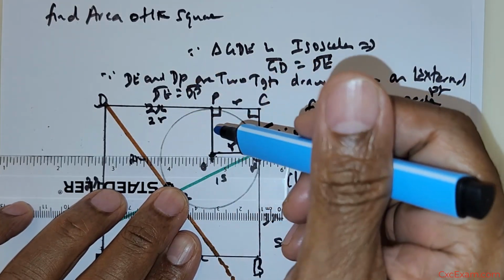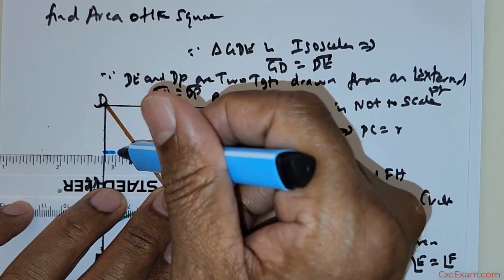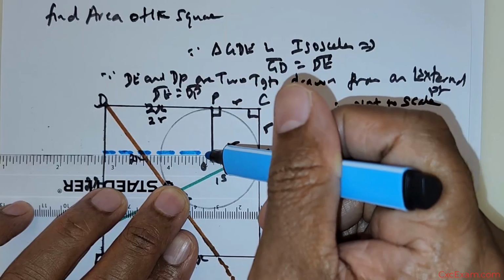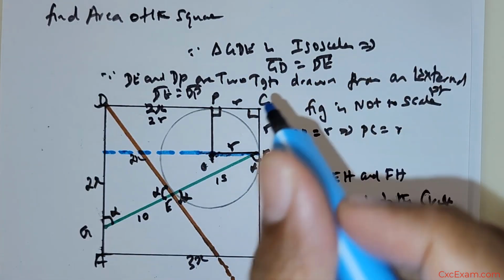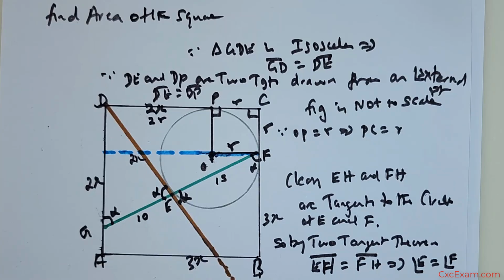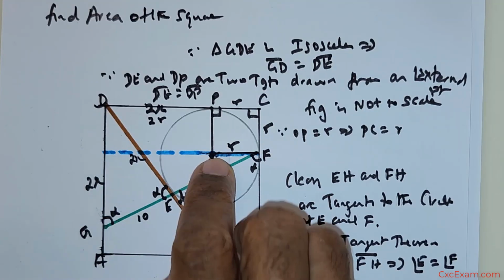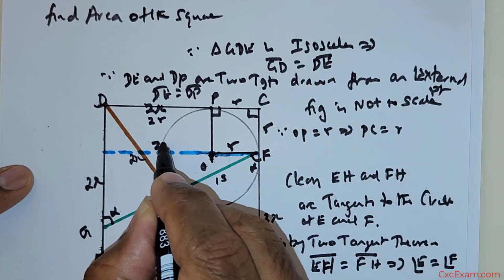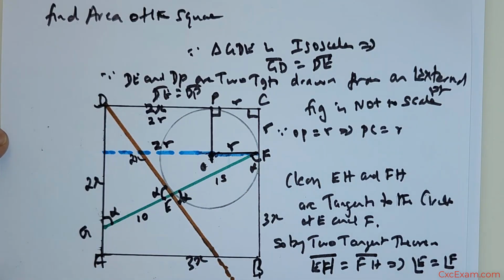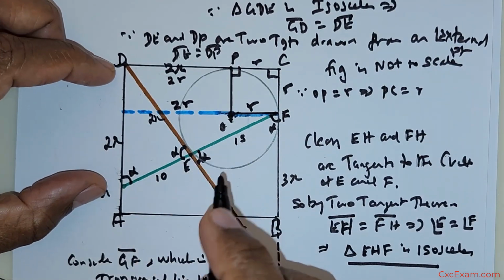So I would like to draw a line over here, so it passes through the center and through r. Then clearly you see that this is actually a rectangle, and this entire length is 2 times r. Now this entire length is 2 times x.